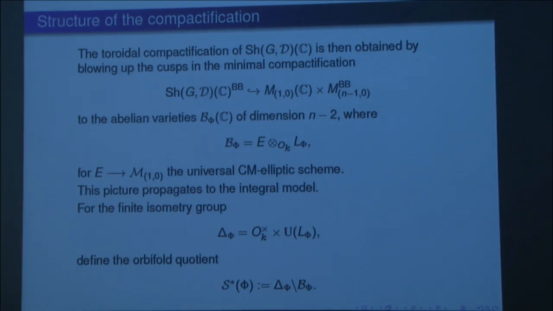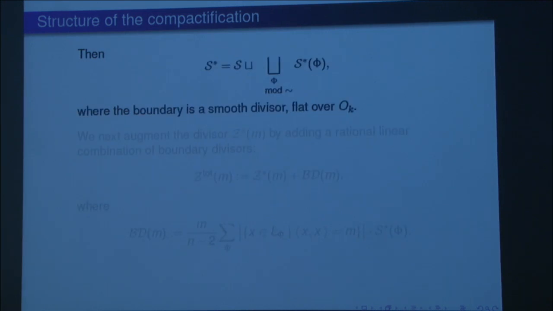There was a filtration here, and the middle lattice can have a big and quite beautiful isometry group, which is playing some role here. And so you can take an orbifold quotient of this abelian scheme by this discrete finite group, and that's what you end up adding in to get the compactification. This is now integrally. So the picture is this.